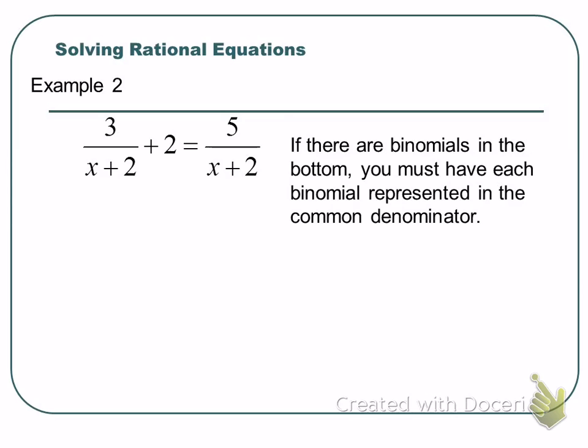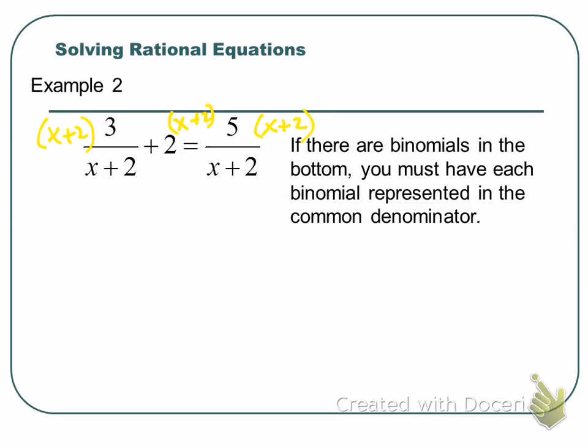We've got to get rid of the fraction so we can get x isolated. We've got to get x out of there. So what am I going to multiply by? X plus 2, right? Multiply this one by x plus 2. Multiply this second term, don't forget the 2, by x plus 2. And we're going to multiply this one by x plus 2. Multiply through by x plus 2.